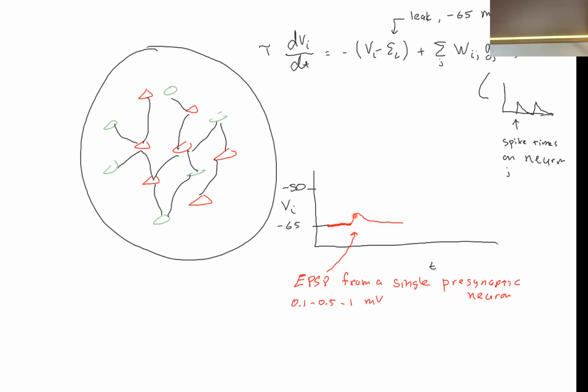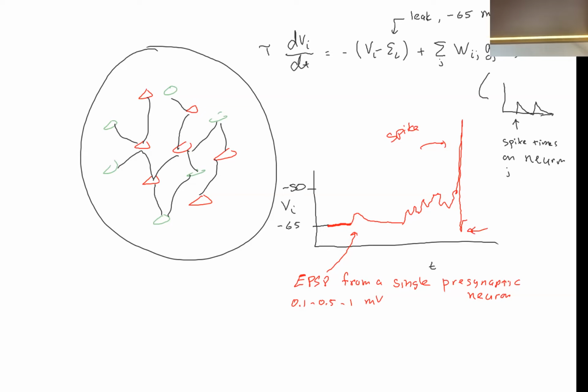Now, neurons running around, if it hits about minus 50 millivolts, it spikes, and then it gets reset to about minus 65, so that's a picture, and then it keeps going again.